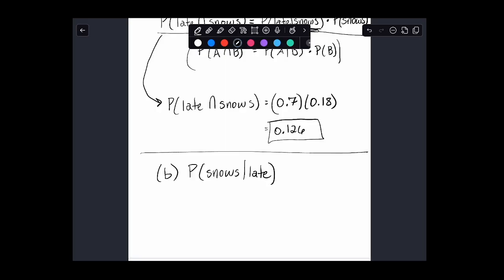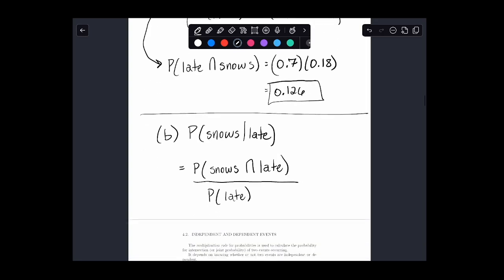Now we're saying we already know that they're late. What's the probability that it snowed on that day if we already know that they were late? So here we can use our conditional probability formula and say this is the probability that it snows and they're late divided by the probability of what we were given, which was that they were late.